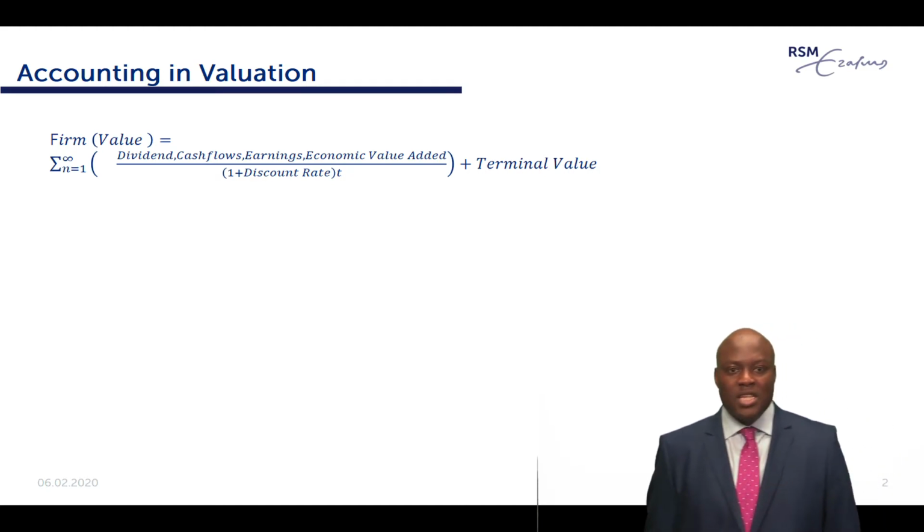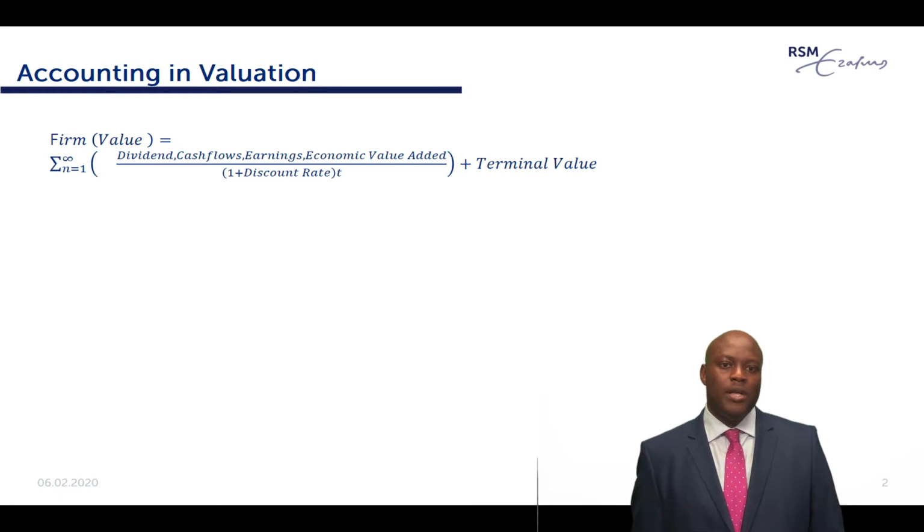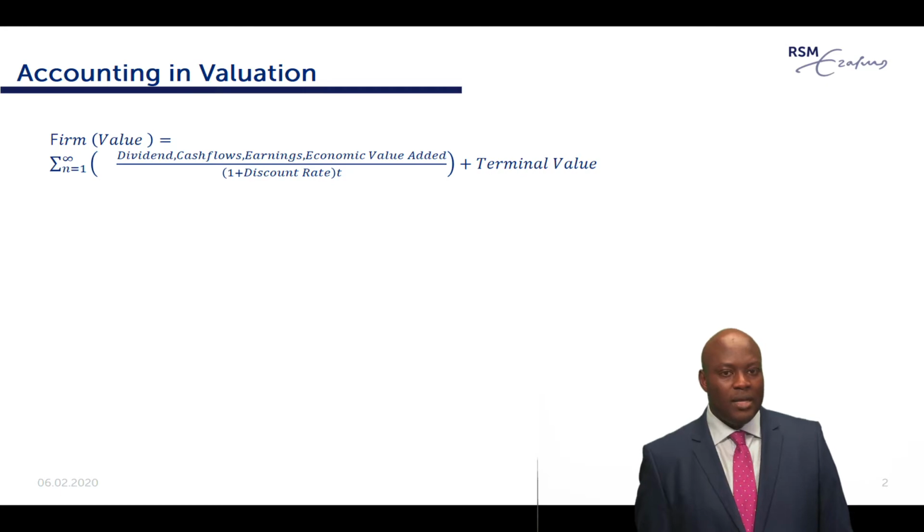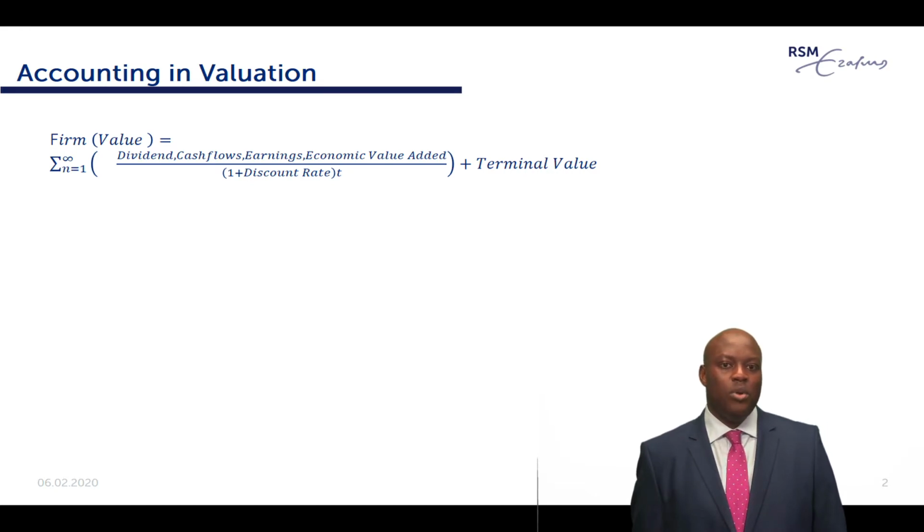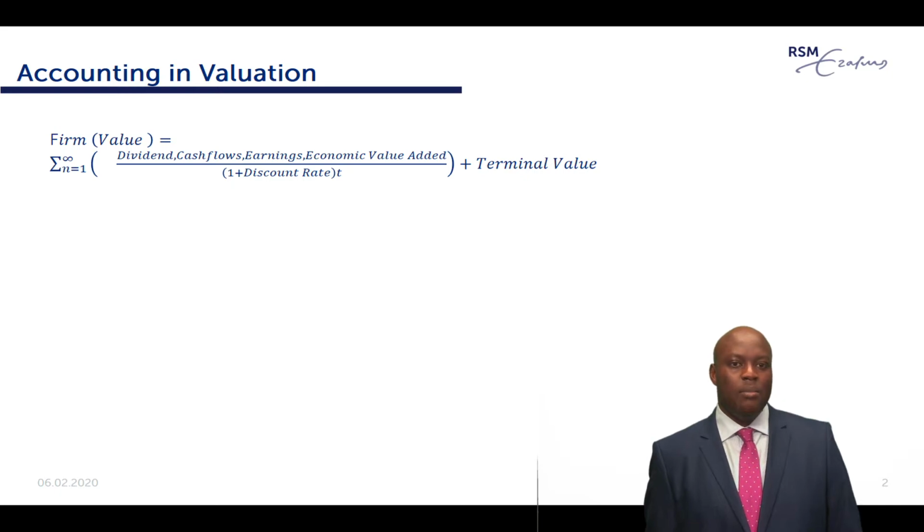After you've decided on what you are going to discount in your numerator, dividend, earnings, cash flows, whether enterprise cash flows or equity cash flows, economic value added or adjusted present values, the next thing to decide upon is what discount rate am I going to use to discount my cash flows or my earnings or my dividends or my economic value added.